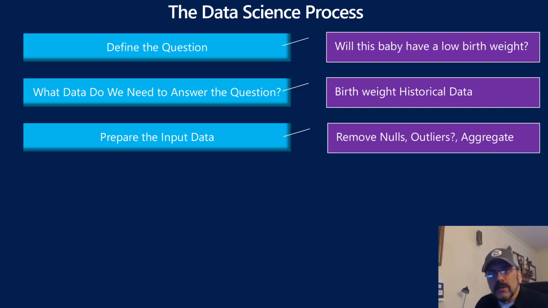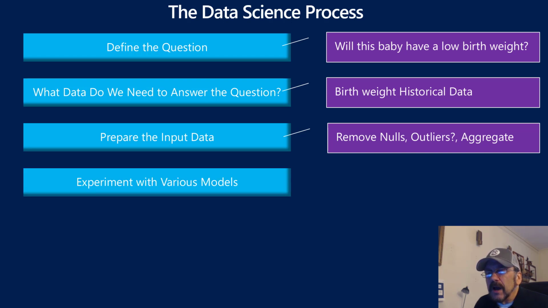She had a baby at one point in time, low birth weight, another baby later, low birth weight. So you might want to aggregate that, right? Count how many for one person, consolidate down to a single instance of an expectant mother, and then say previous low birth weights. And that, I'm guessing, would have a pretty high correlation to predicting whether or not they're going to have another low birth weight baby. I could be wrong, but I would guess that, and that's what's called feature selection and training, feature creation.